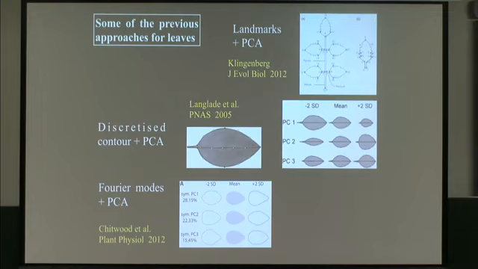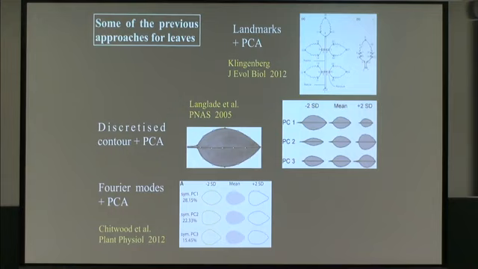But in principle you would need more landmarks. If you're using landmarks, you need to have a common set of landmarks across all the shapes that you're analyzing. Chris would be better to answer this question, but you need a common space in that case.